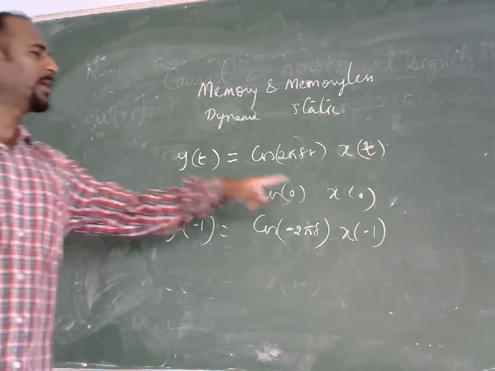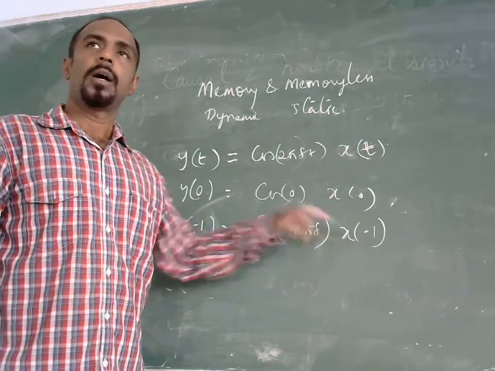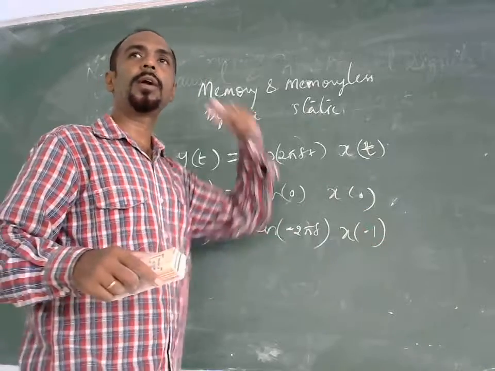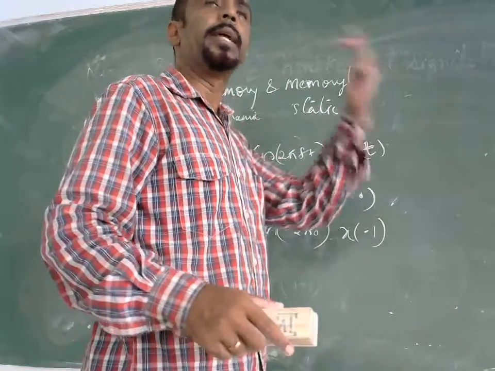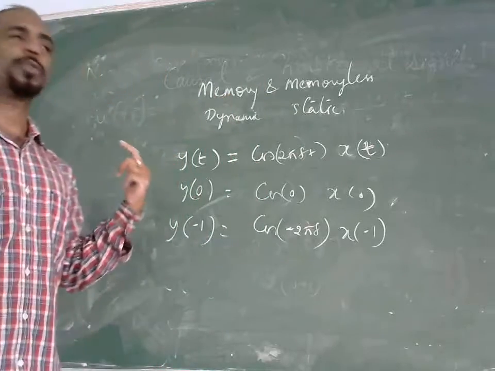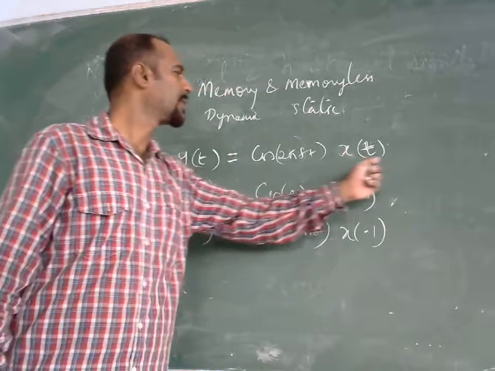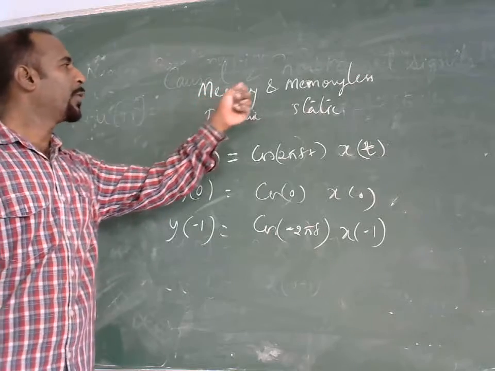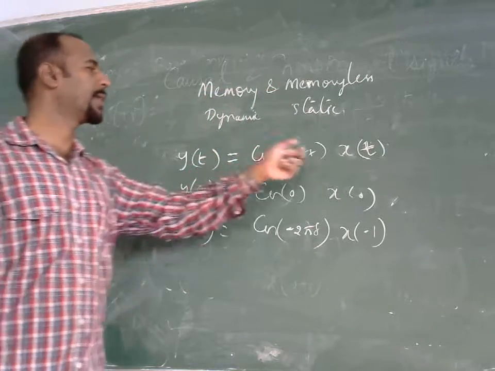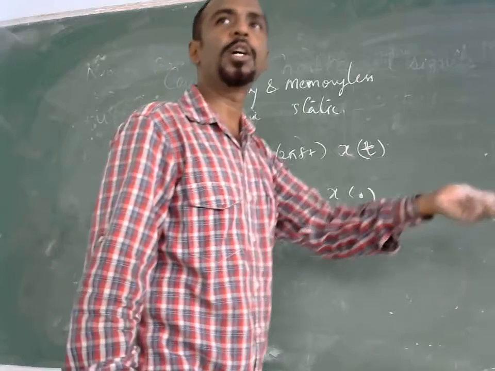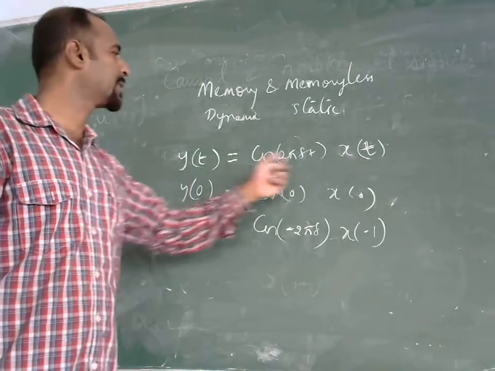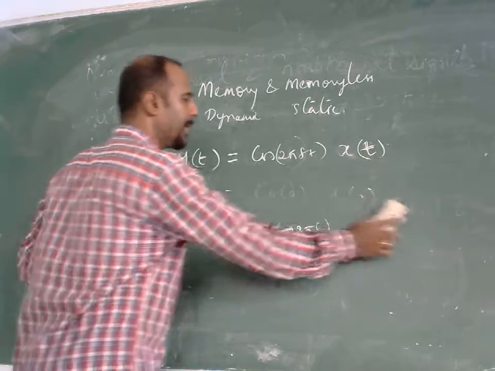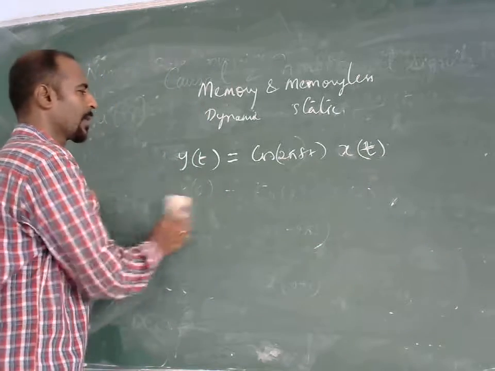So when we talk of minus 1 in the output, the input also is minus 1 only. Input is not some delayed or advanced value. Therefore, this system is a memoryless system. It does not contain any past or future values. So this system is a memoryless system, or a static system.